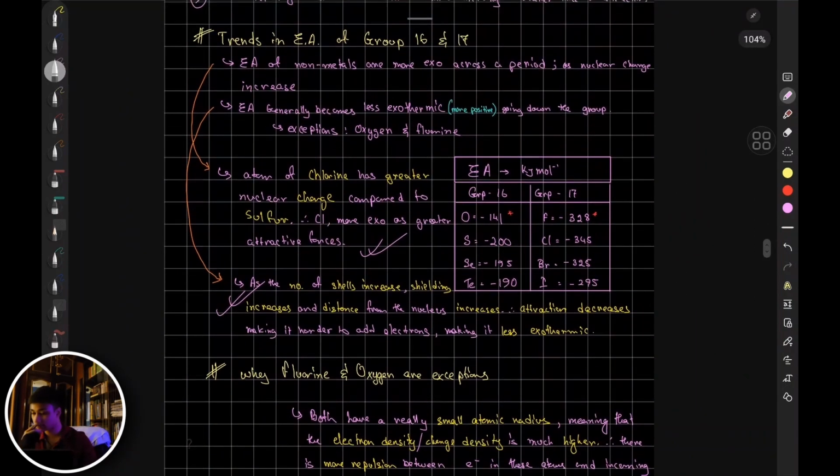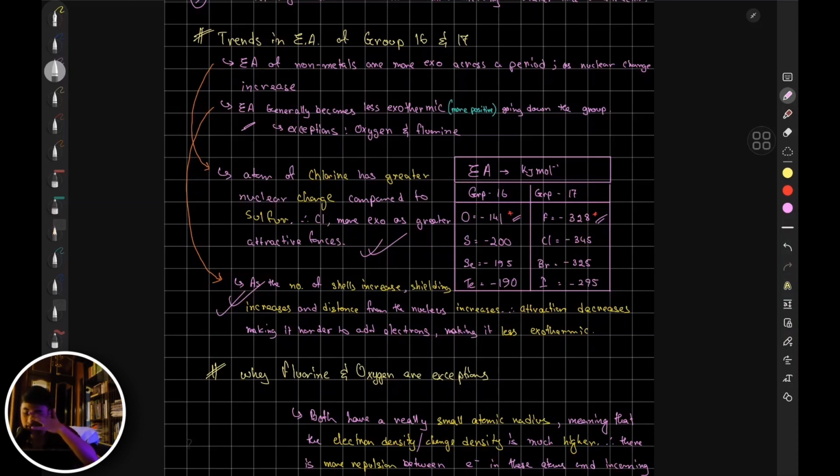Now, let's talk about the red asterisk. In the second point, we say that electron affinity generally becomes less exothermic as you go down the group. Why? Due to shielding, due to greater distance from the nucleus to the valence shell.